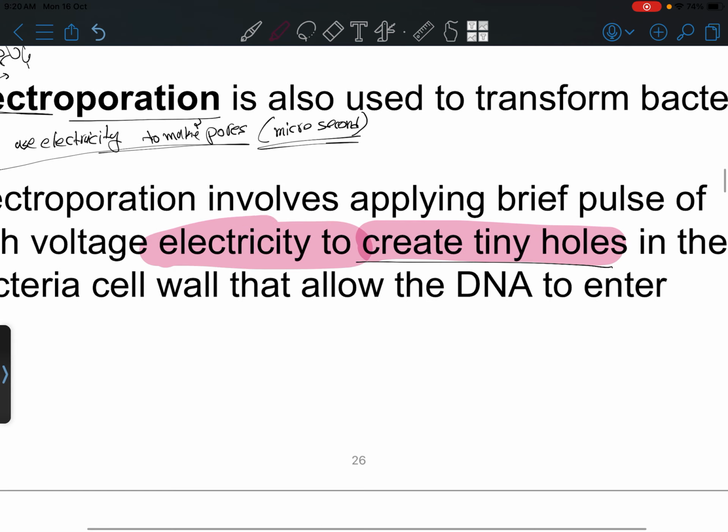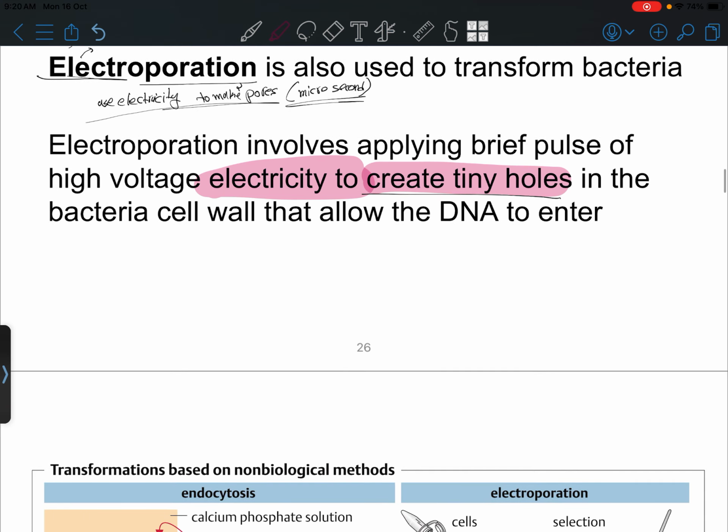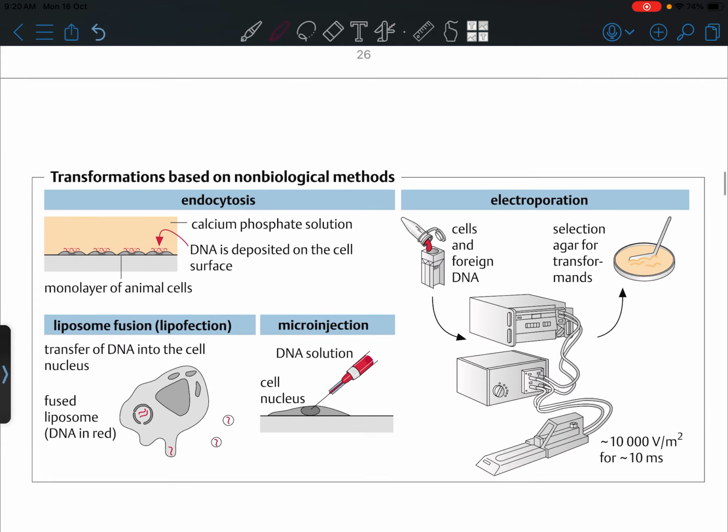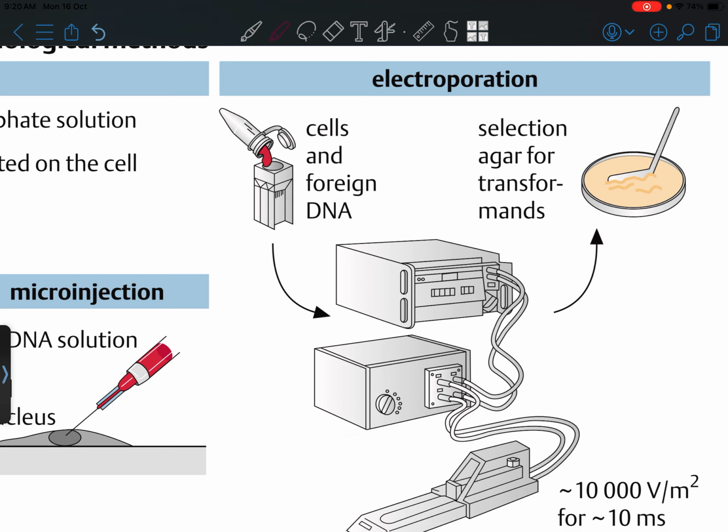Okay. So here, the electricity makes tiny pores. We have a device called the electroporator, which can generate high voltage, 10,000 volts, for what? 10 milliseconds.